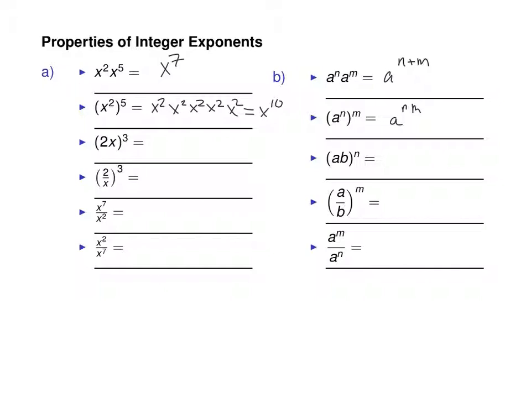2x to the 3rd, because the 2 is in parentheses, you have 2x 3 times, right? So 2x times 2x times 2x. So you're like, I know this, 2x times 2x times 2x. And that makes, so the 2 times 2 times 2 makes 8, yep, 8x cubed.